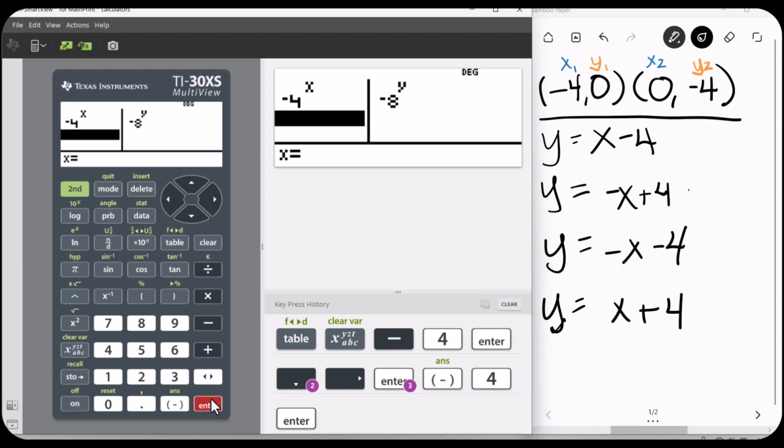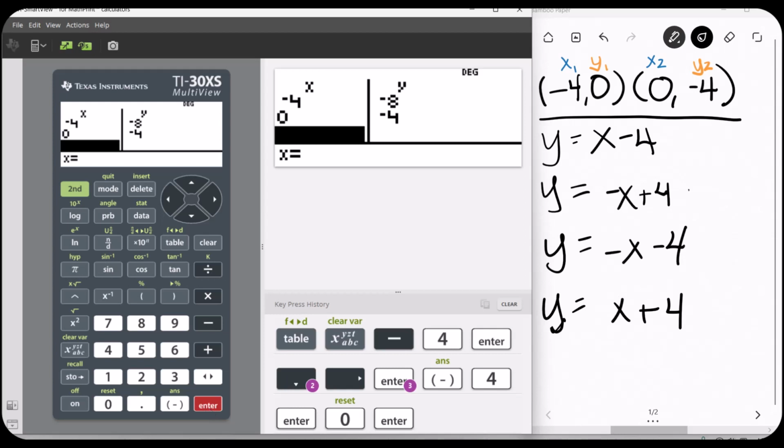And I did that in the first video, but what I'm going to do different in this video is I'm going to just keep moving ahead, and I'm going to input right now what X2 is, which is 0. So I'm going to put 0 for my second X, and I get 0, -4. That's the second point. But you guys, we need both points to match this equation. And since when X equals -4, Y equals -8 with this first equation, we know that this can't be it.